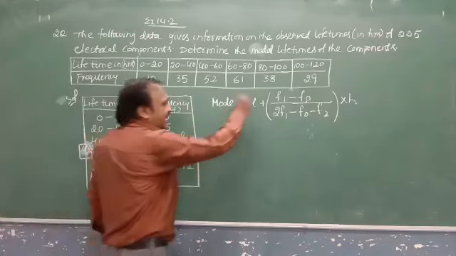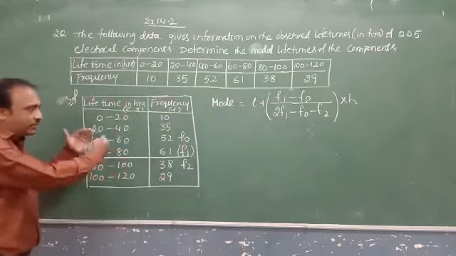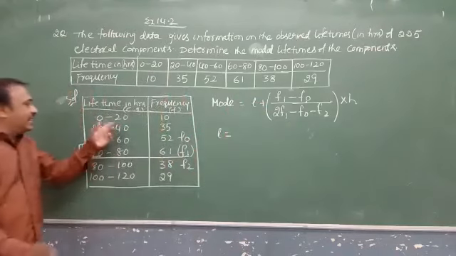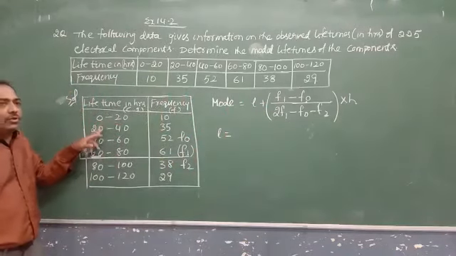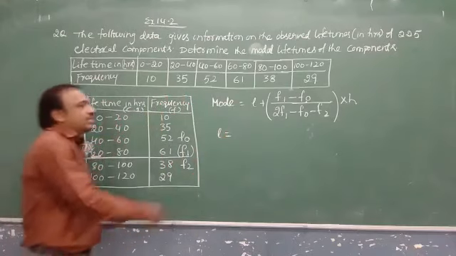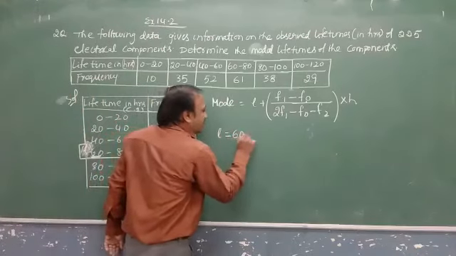First we will write the values we obtained from the data. This is continuous data, so L is equal to 60.